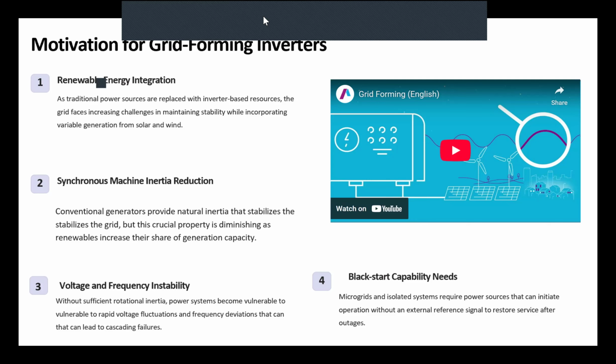Now, black start capability doesn't exist in grid following because grid following needs information of the grid in order to set the output. If the grid is off, that means there is no frequency. So the frequency is zero, and the PLL wants to keep that frequency at zero. So the grid following inverter would not work. Are we good? So grid following inverters do not have the capability of a black start.